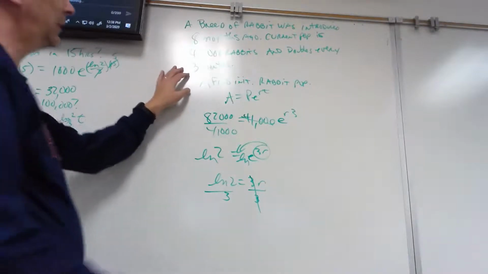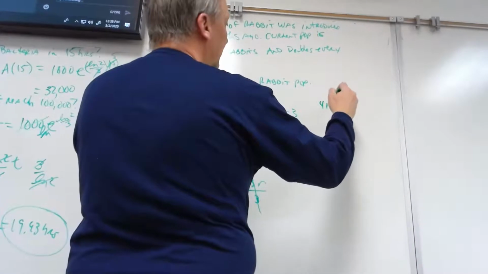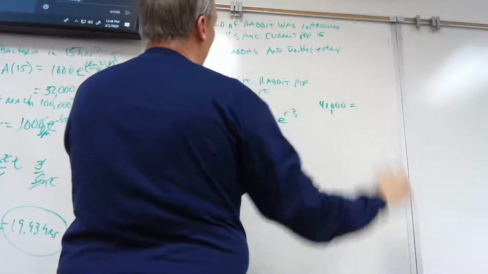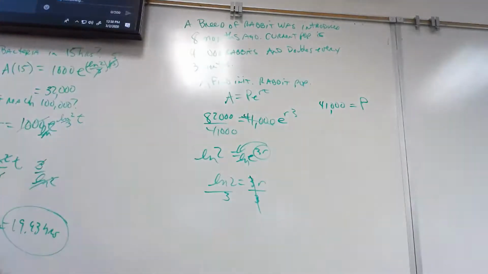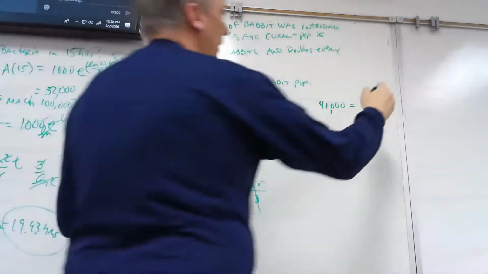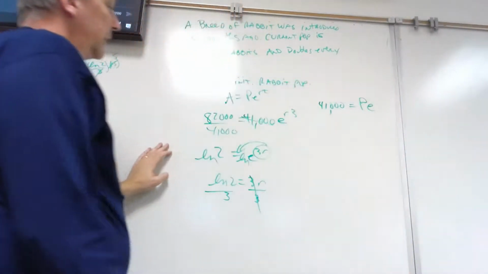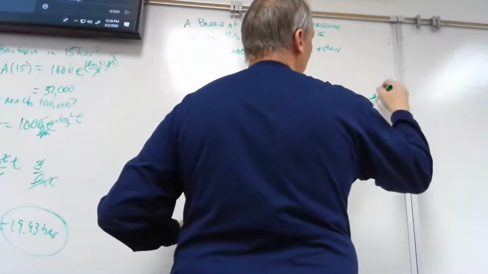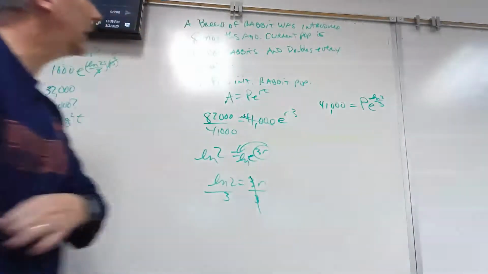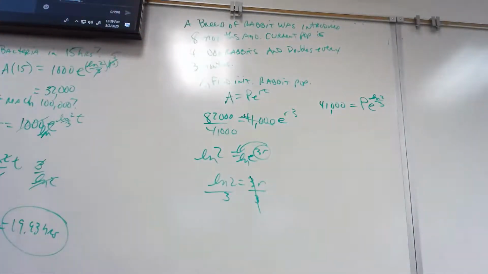So if we start with 41,000 now, and we want to figure out what P is, and e is e, and your rate is ln of 2 over 3, right? And your time, if it doubles every 3 months, let's think about this for a minute.